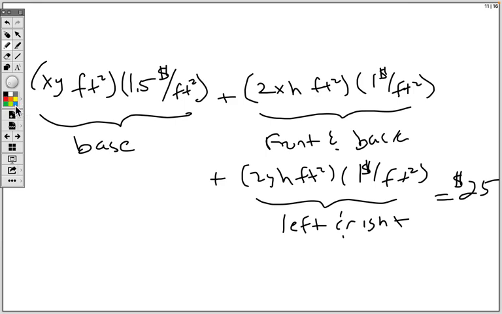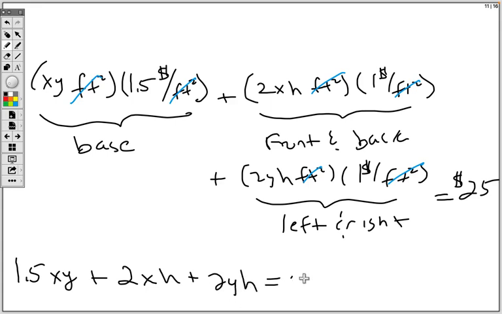So once again, the dimensional analysis here, you plug in the units. You've got dollars equals dollars. And so we got the equation 1.5xy plus 2xh plus 2yh equals 25.